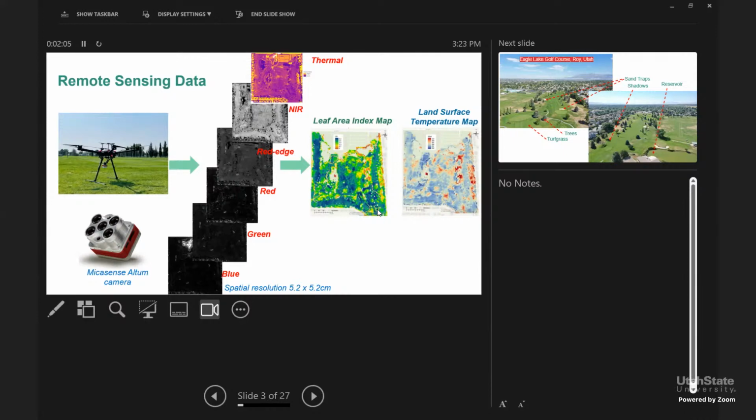Who remembers what leaf area index is? We talked about that yesterday. Or who knows about the leaf area index? It's not the same as fractional cover. Leaf area index is a value associated with the vigorosity of a crop.